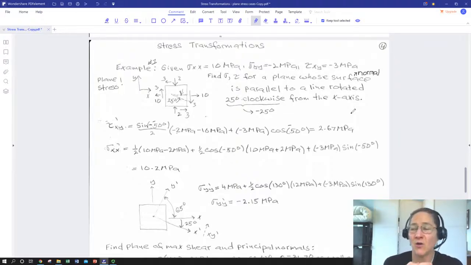So a tau xy and a tau yx are going to have the same value. They're going to lead to a corresponding difference, an opposite difference at 90 degrees, but they're effectively equivalent.